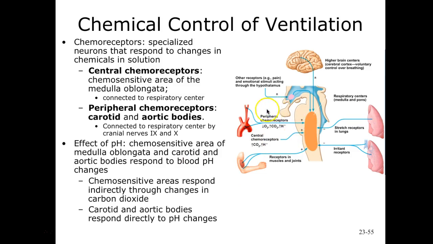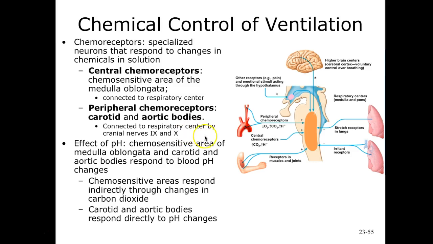We also have our peripheral chemoreceptors that are found in that carotid and aortic body that's monitoring oxygen, carbon dioxide, and pH levels. And that also sends sensory information over, this time into the pons. But we have a respiratory center there too. You do not have to remember these cranial nerves it's associated with, just because we didn't go over and learn the cranial nerves.